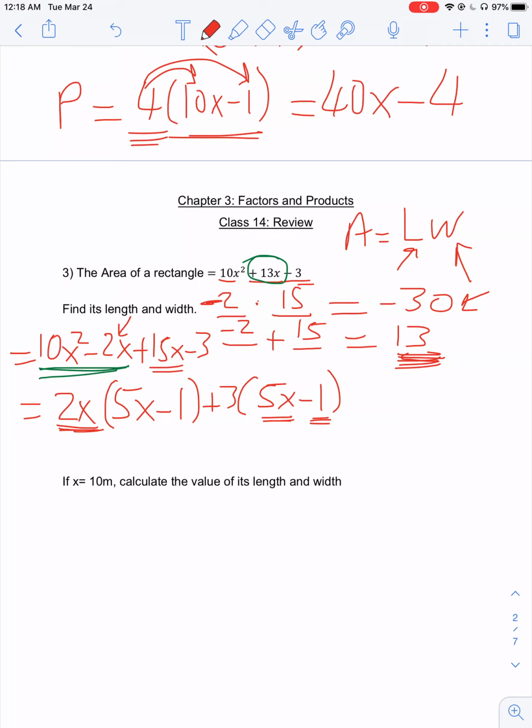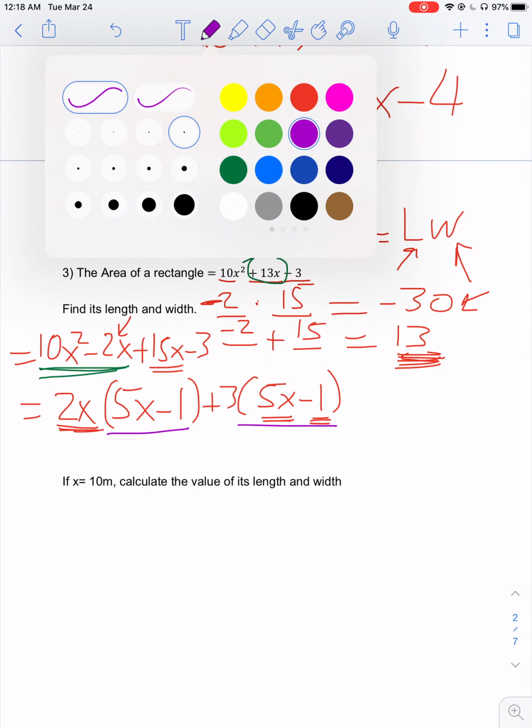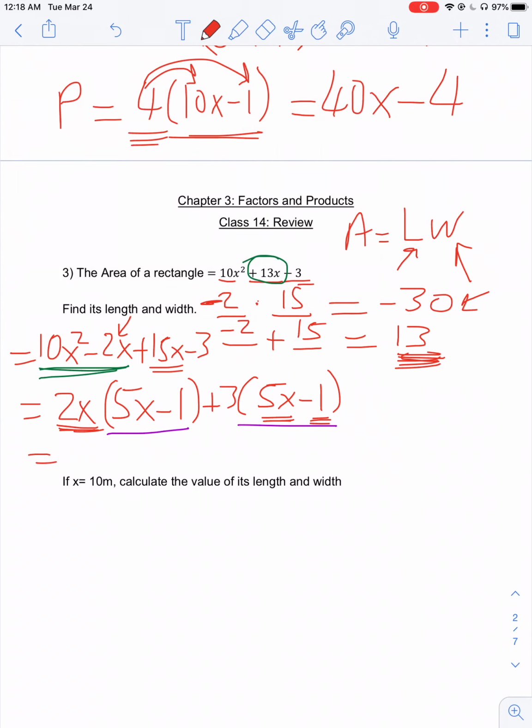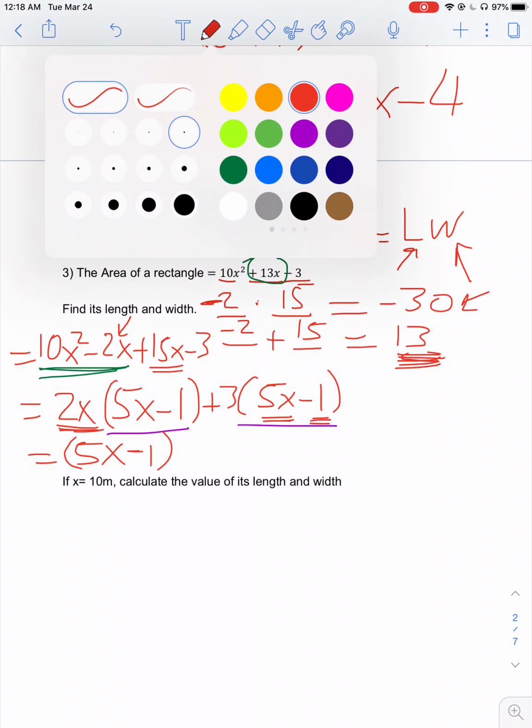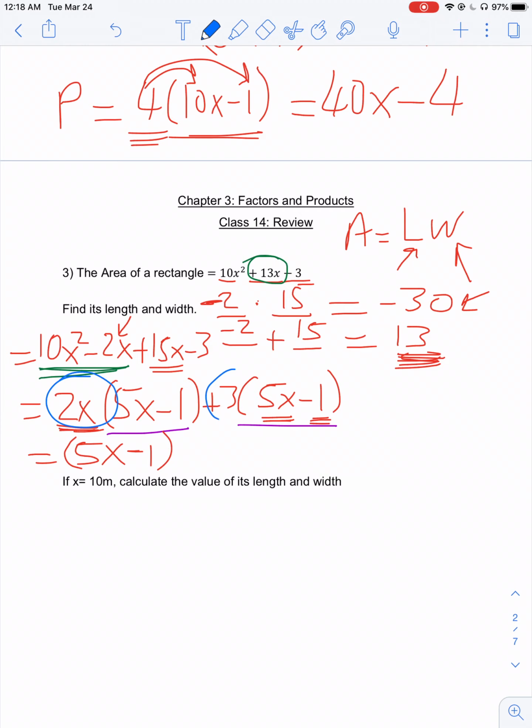Yes, it does. And then finally, the last step is to look at the whole thing and see what you see in common. So the 5x minus 1 is repeating itself, which means that's what you have to factor. Once you factor 5x minus 1, that leaves you with 2x plus 3.